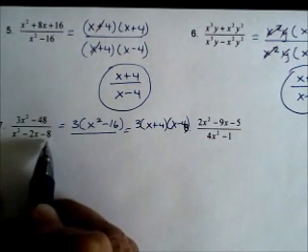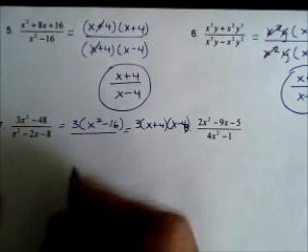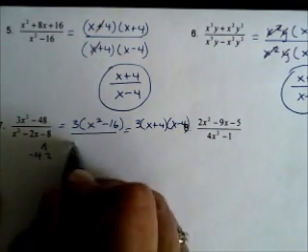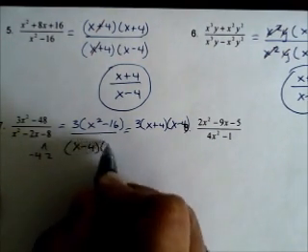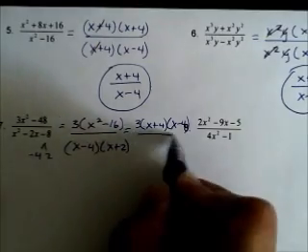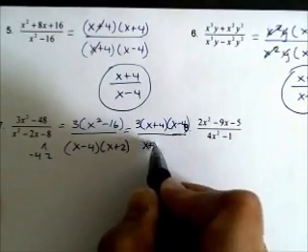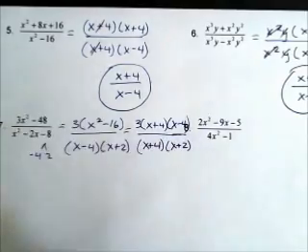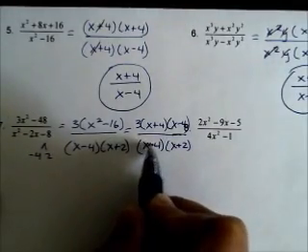The trinomial of the denominator, the factors of -8 that add to -2, -4, and 2. So x minus 4 times x plus 2. We just move this over to here so that I'm lined up. Excuse me, this is supposed to be a minus.